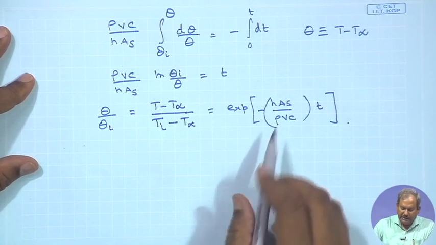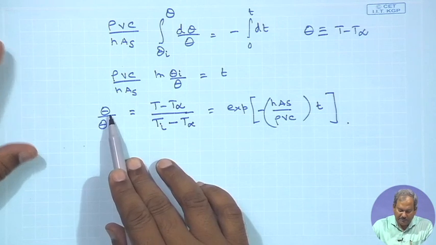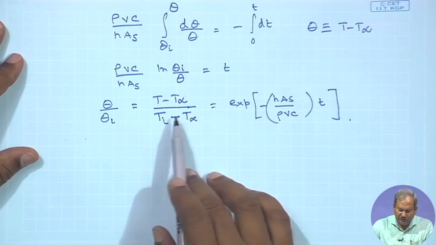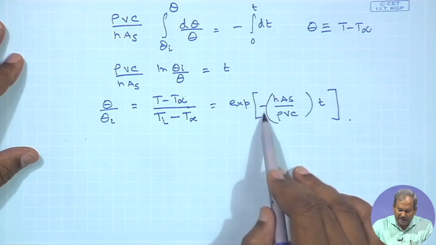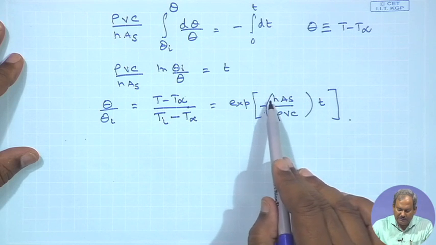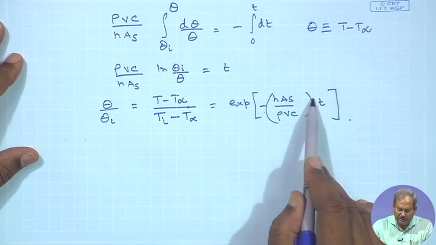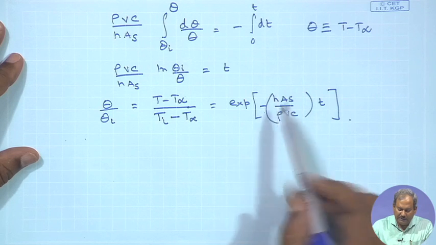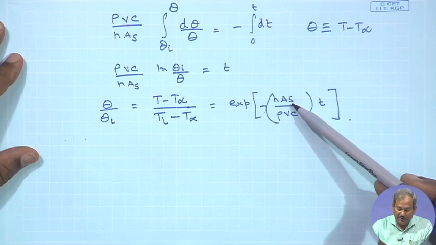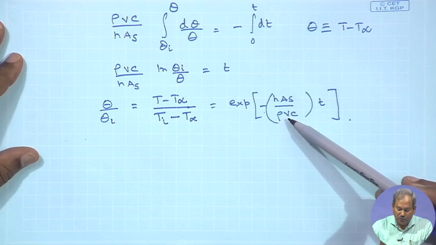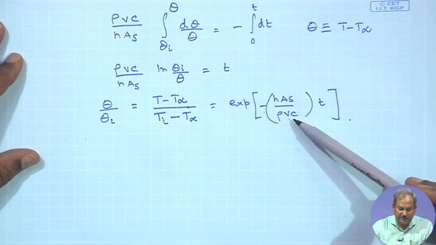And looking at this, the temperature of the object would change in an exponential fashion with time, and the time constant of the process is simply the inverse of what I have written inside the bracket. So, this is the convective heat transfer coefficient, this is the surface area, rho, volume, and the heat capacity.